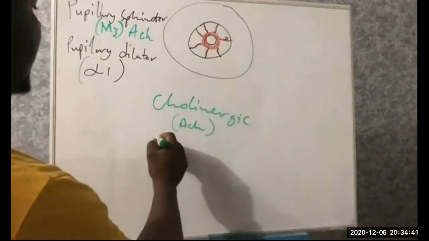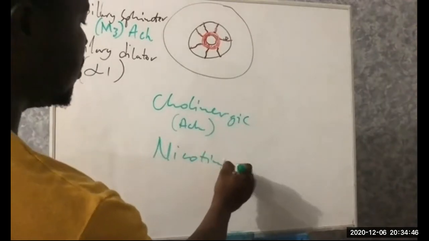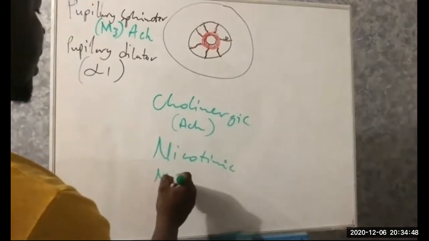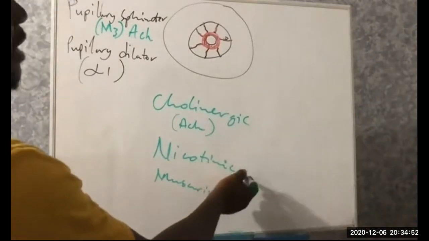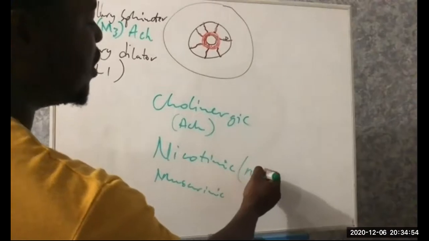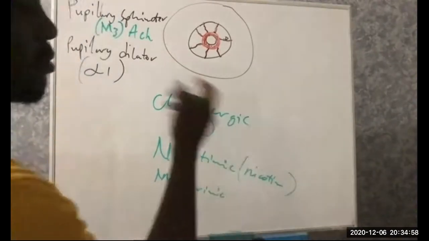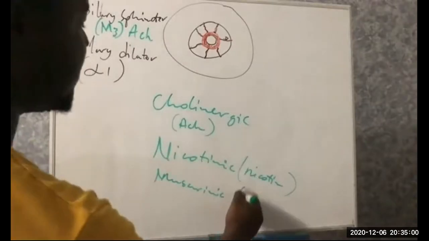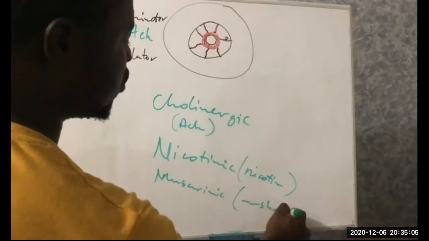We have two types. We have the nicotinic receptors, and we have the muscarinic receptors. Nicotinic receptors, because they respond to what we call nicotine. Okay, nicotine found in cigarettes. Okay, and this muscarine is found in these mushrooms that we are talking about.